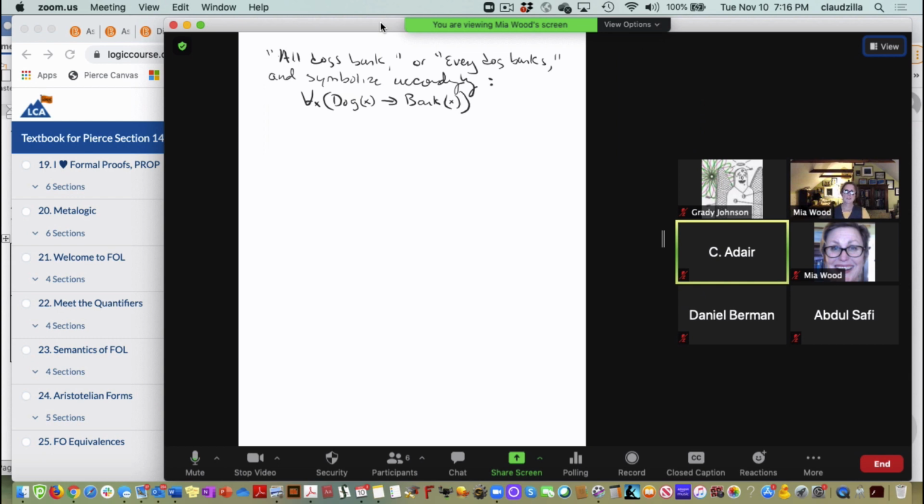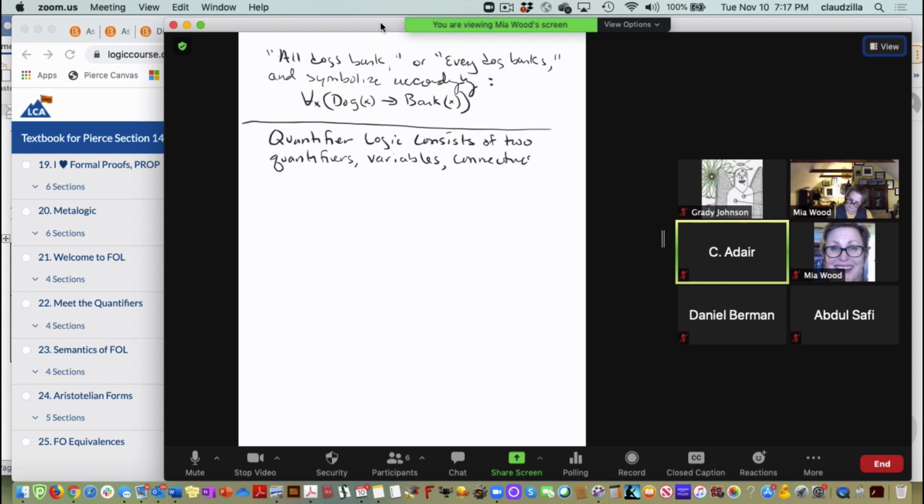Okay, so here's what we know so far. Quantifier logic consists of two quantifiers, variables, connectives, and predicates. Why predicates?